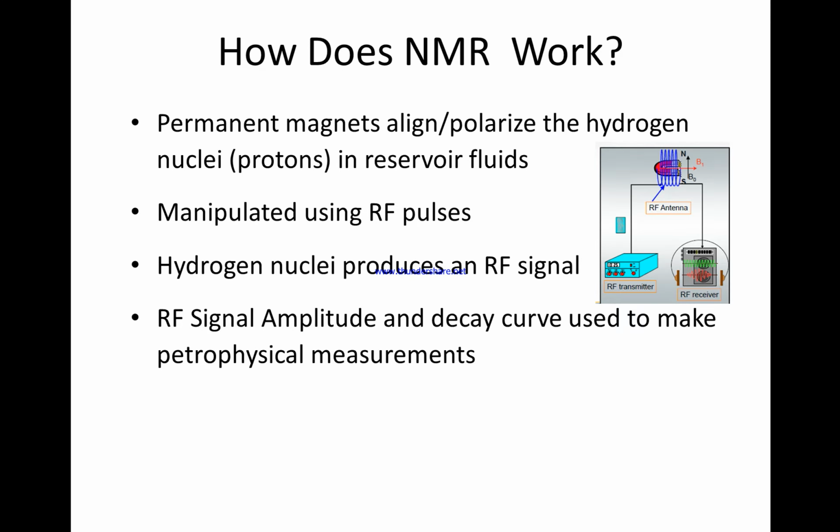How does NMR work? The NMR has a permanent magnet. This aligns the hydrogen nuclei, the protons, in the reservoir fluids. After that, we manipulate using an RF frequency to maximize the signals of the hydrogens, and after that we remove the RF signal and measure the decay over time. For all of that we need a transmitter and antenna, the magnets, and the receiver.